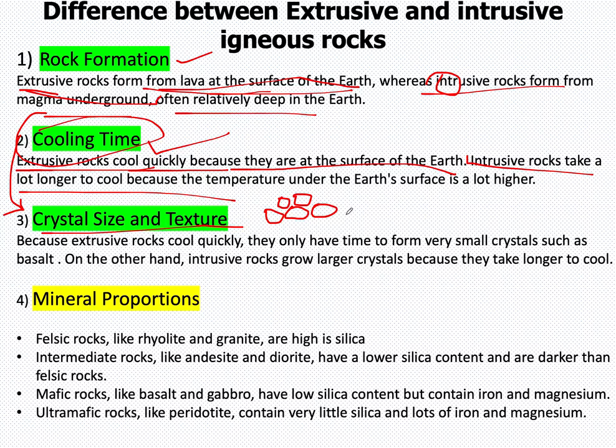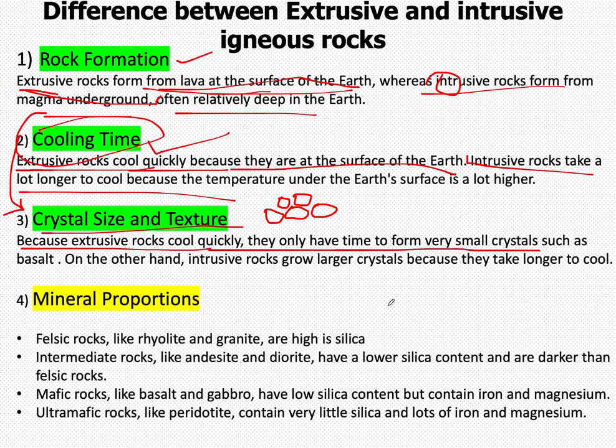They are not going to form coarse grains, and that's why when you look at extrusive rocks, you can clearly see that they have no time to form and they form very small crystals. You need a microscope to clearly distinguish between the minerals.